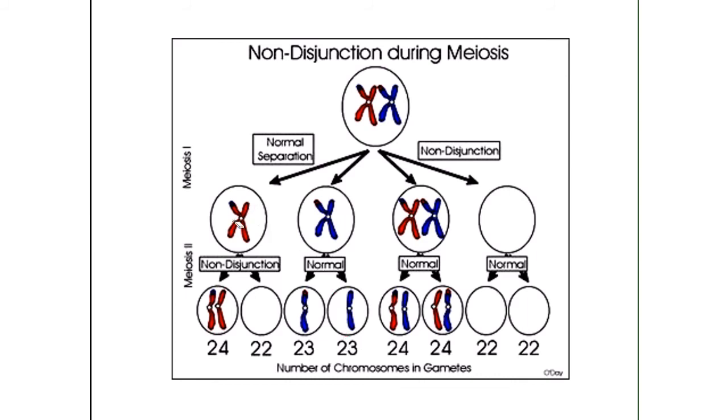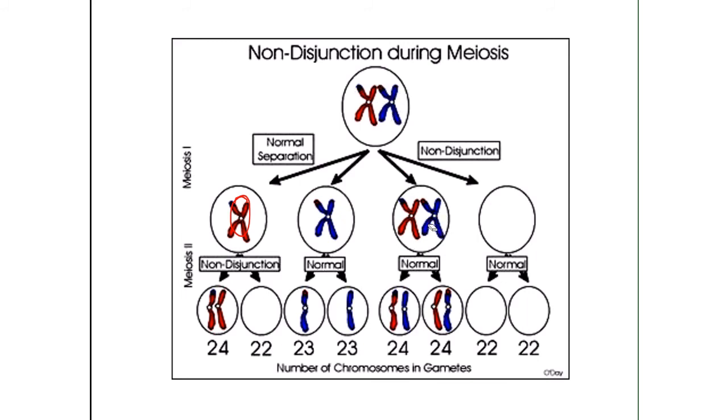However, if nondisjunction occurs, meaning these chromosomes do not separate, then the entire set will go to one cell and not the other. So you will end up having a cell with an extra chromosome, and then the other one will be missing one chromosome. Okay. If nondisjunction occurs earlier on in meiosis 1, then the problem is a little bit more severe, because instead of having the homologous chromosomes separating from each other, the entire tetrad will move to one cell.